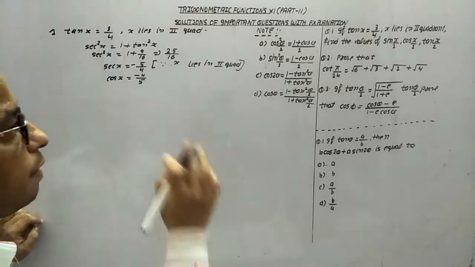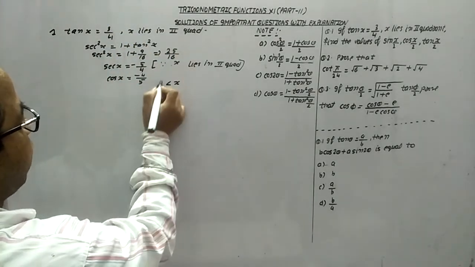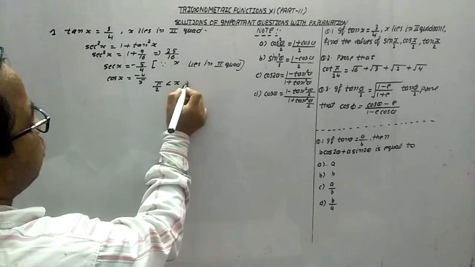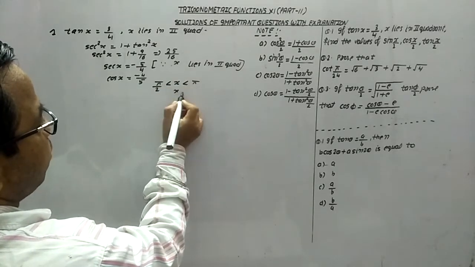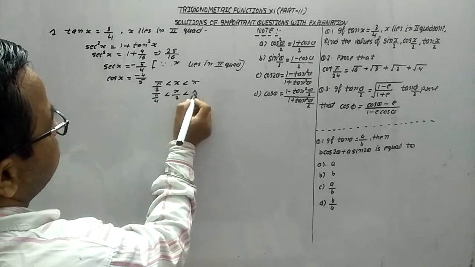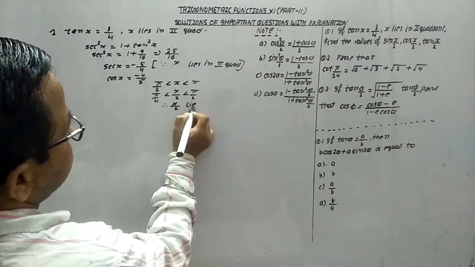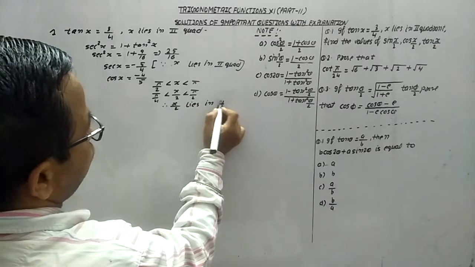Now first of all, we will decide the quadrant for x by 2. You will say because x lies in second quadrant, therefore x must be greater than pi by 2, less than pi. It means x by 2 is greater than pi by 4 and less than pi by 2. Therefore x by 2 lies in first quadrant.